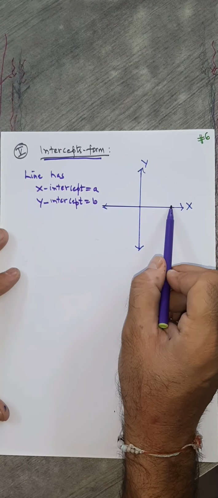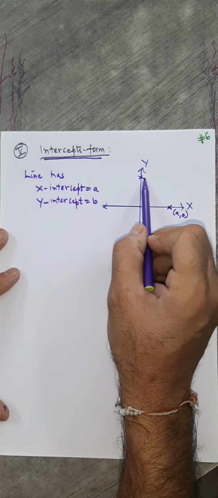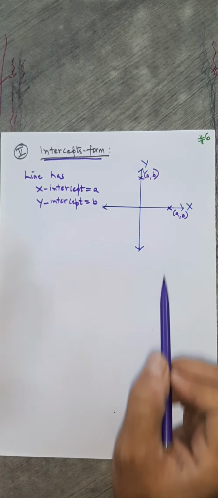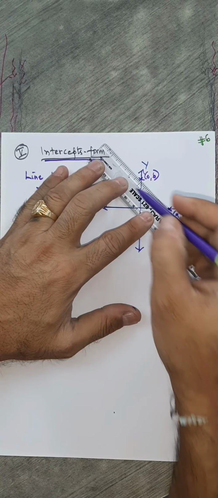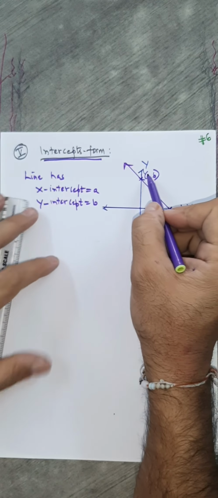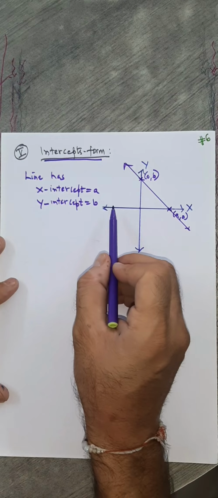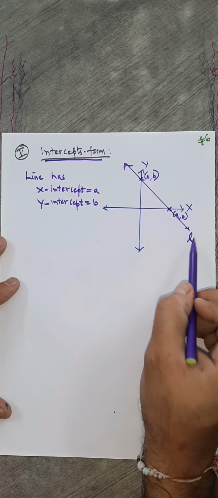Indirectly, the line passes through which points here? A, 0 on the x-axis and 0, b, for example. So your line would look like this. This is in general the line, right? It can be like this also if this is negative, like minus 2, 0 and 0, 3. This is just the general form.